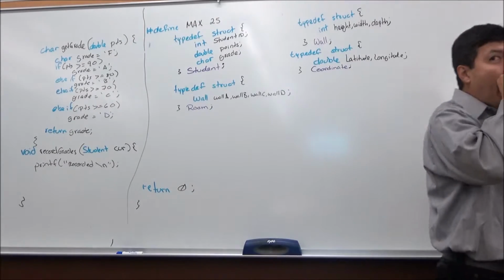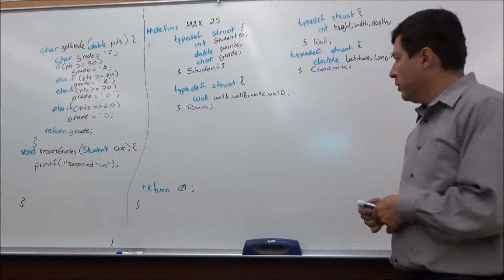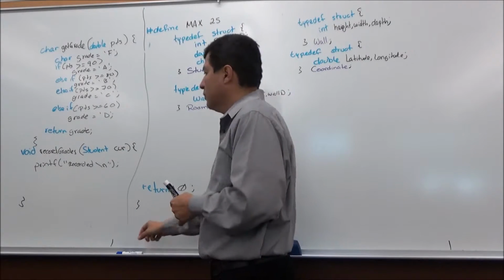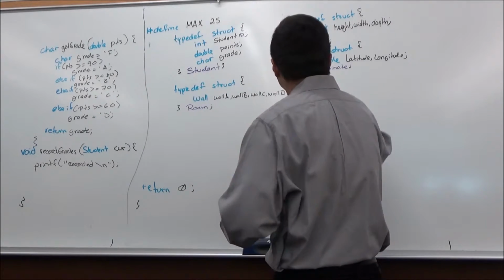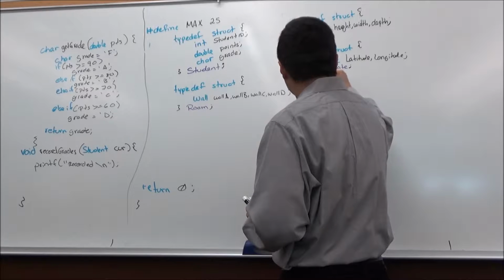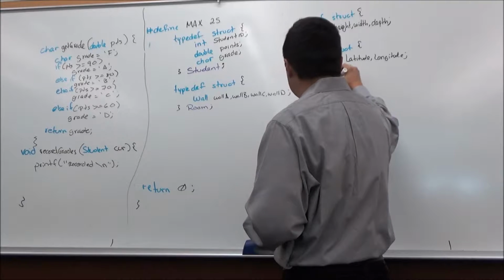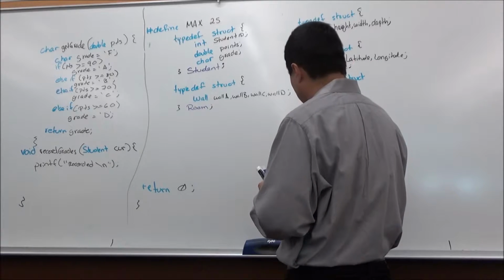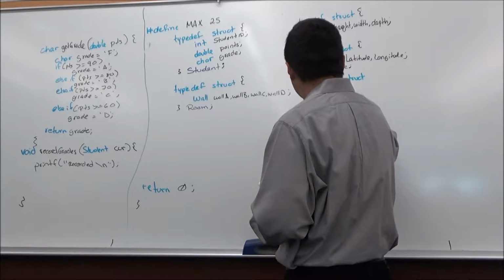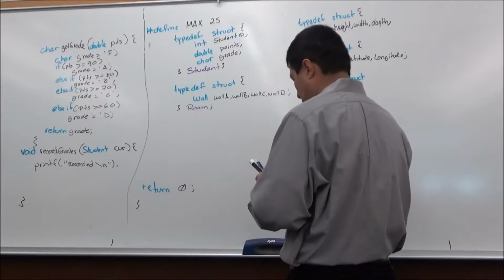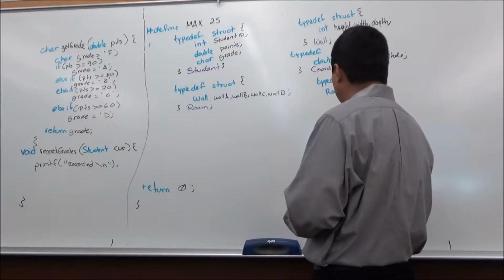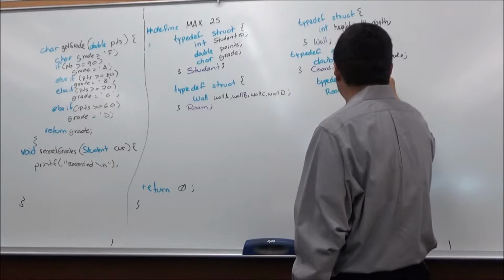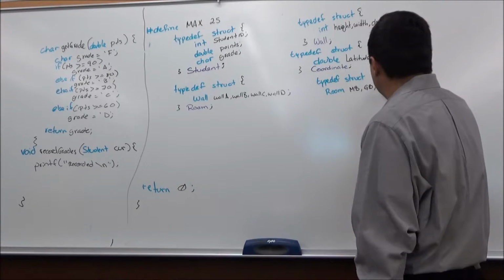Then, I want to make a house. Can make another type then. And this one has a master bedroom, a guest bedroom, and master bedroom 2 maybe.